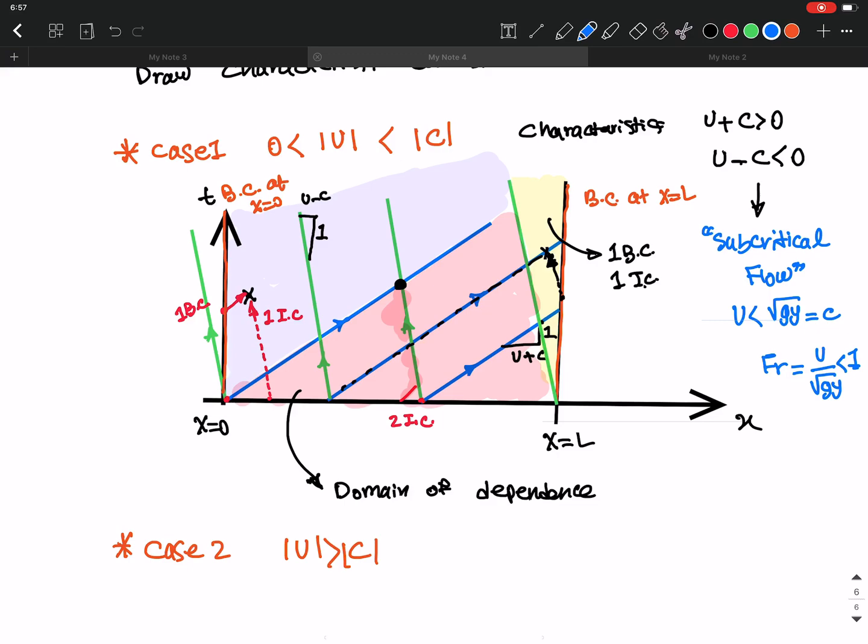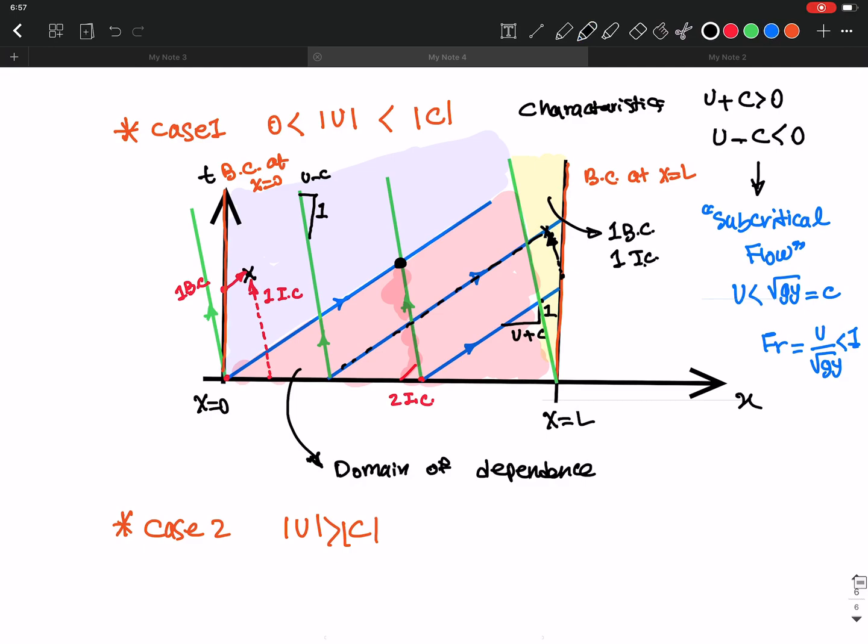And then the second case is the other case where our characteristics are both greater than 0, so u plus c is greater than 0, and u minus c is also greater than 0.